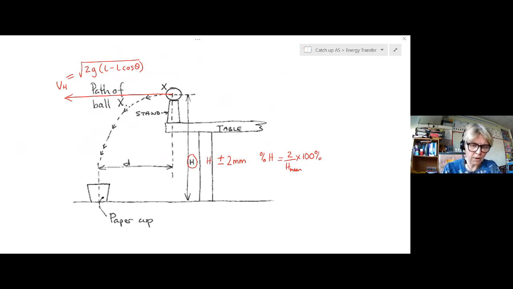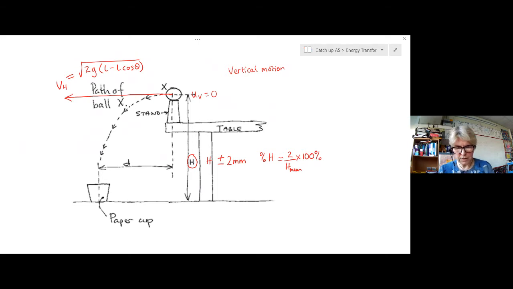Now let's have a look at the vertical motion only. With the vertical motion, we have initially u, the vertical velocity, is 0. Yes, it's got a horizontal velocity, but because it's at rest and it's being hit so that it'll fly off horizontally, it hasn't initially got any vertical velocity.